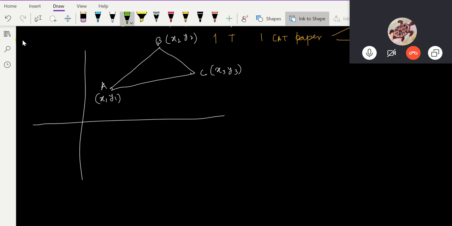So this time we will straight away go for the triangle ABC itself. Now how do we do that?